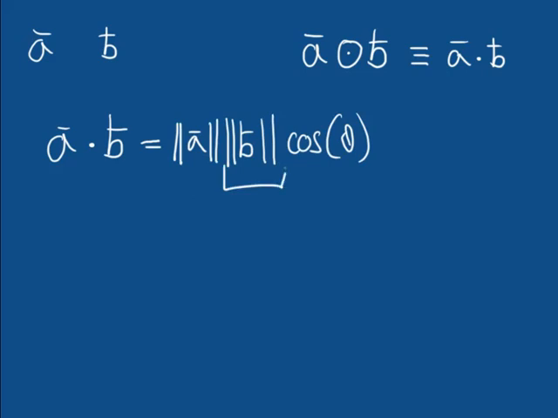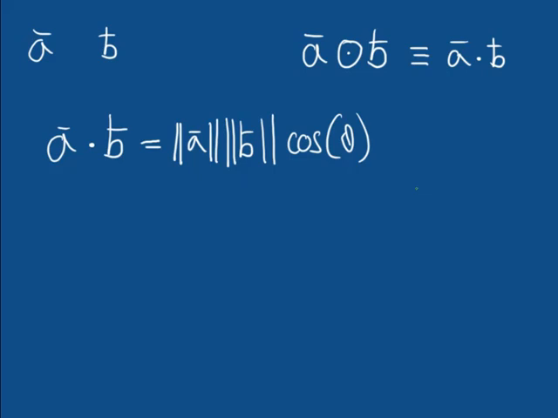The length of B, the magnitude of B, is just a scalar value. The cosine of an angle is a scalar value, therefore we've got a scalar multiplied by a scalar multiplied by a scalar. All three of these, of course, are going to multiply to give us a scalar value. So A dot B is equal to a scalar value, and that scalar value is defined as the length of A times the length of B times the cosine of the angle between.